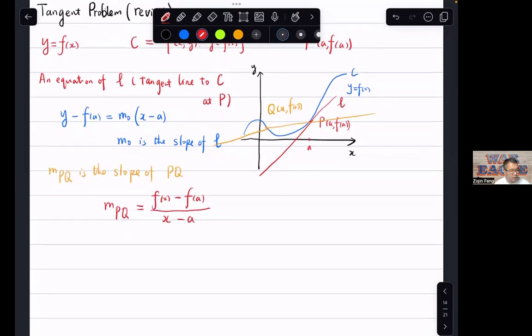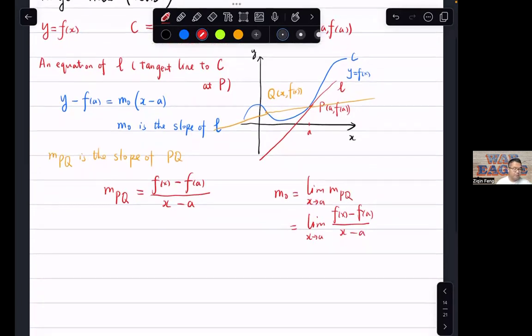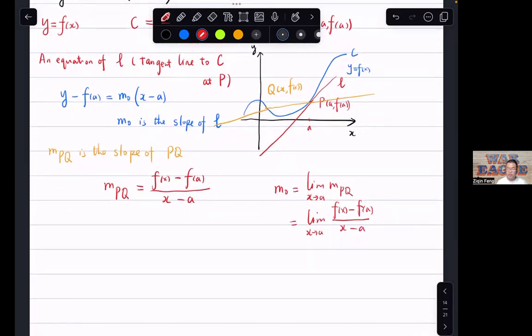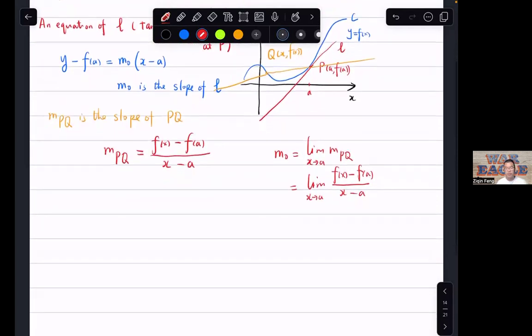By our discussion, we know that m0 is equal to the limit as x goes to a of m PQ, and so this is equal to the limit as x goes to a of f of x minus f of a over x minus a. So this is basically how we solve the tangent problem using our definition of limit.